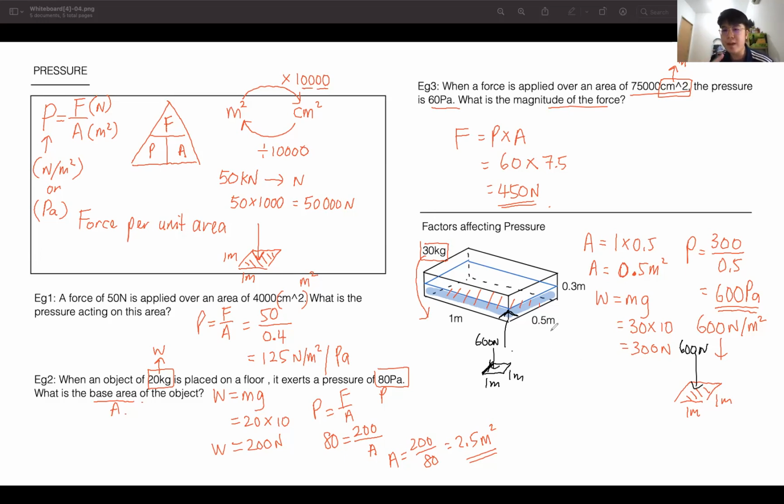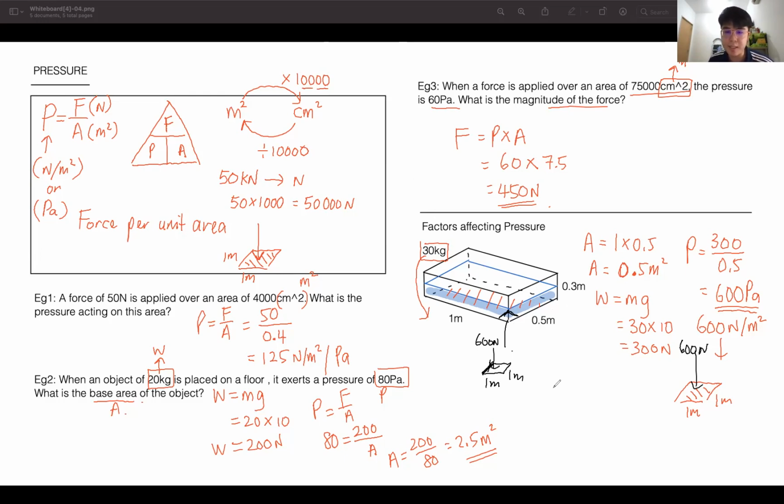If you have a smaller area, then more force will be concentrated on that area. I repeat, with a larger area, the force is spread among the area, so you have less force on one unit area. If you have a smaller base area, then all the force is going to concentrate on one single spot. That gives an increase in pressure.